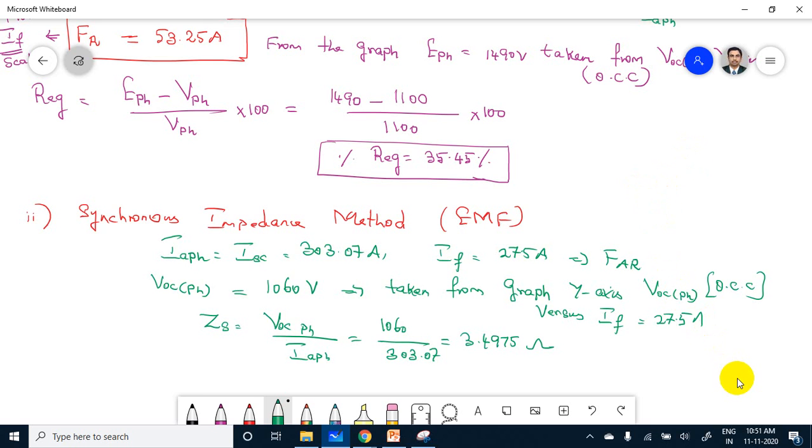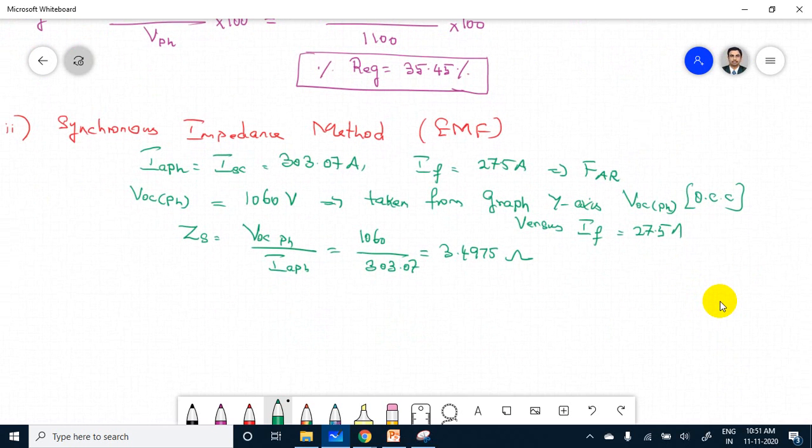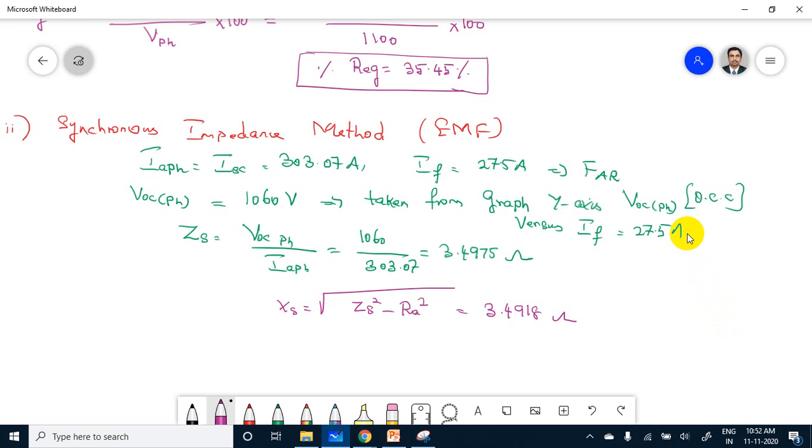This is ZS. And XS equal to square root of ZS square minus RA square, equal to 3.4918 ohms.